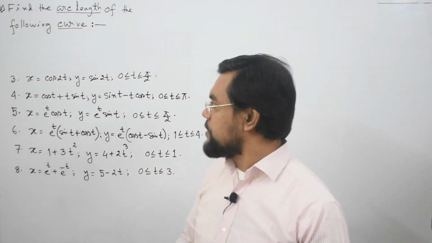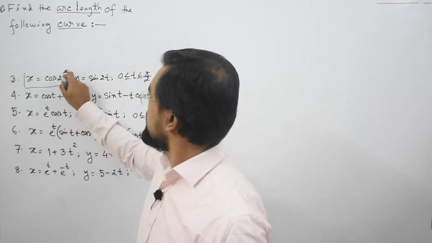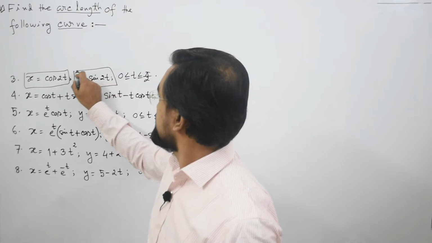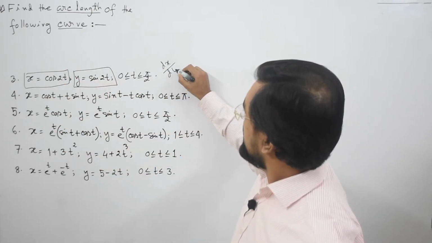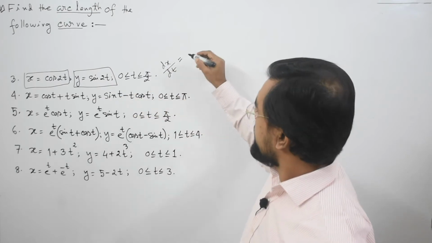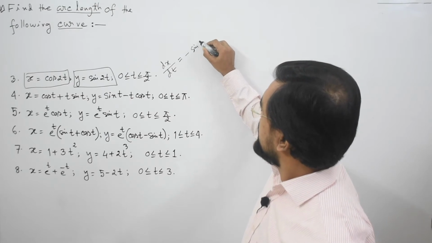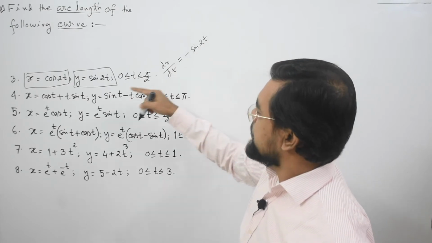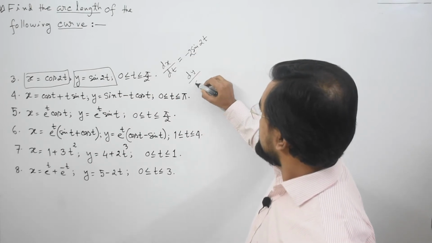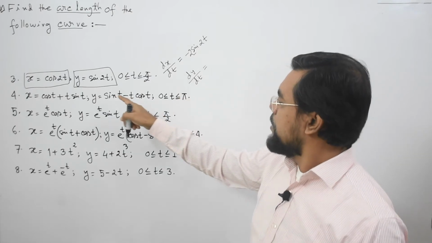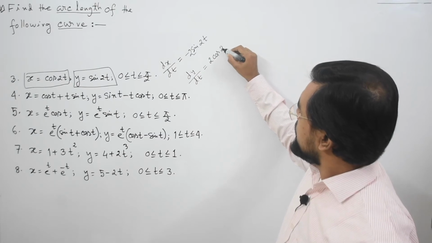So now let us solve example 3, and here x equals cos 2t, y equals sin 2t. So dx by dt will be minus sin 2t, and the derivative of 2t is 2, so minus 2 sin 2t, and dy by dt will be the derivative of sin 2t, which is 2 cosine 2t.